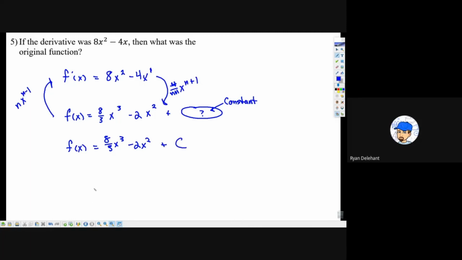And you just put some capital C here, meaning that when I go backwards, I could have a constant here, any number. Not an x with it, just a number. Any real number. Because when you take the derivative of a real number, you're going to get 0. And that's what could have been up here, and we need to account for it when working backwards.